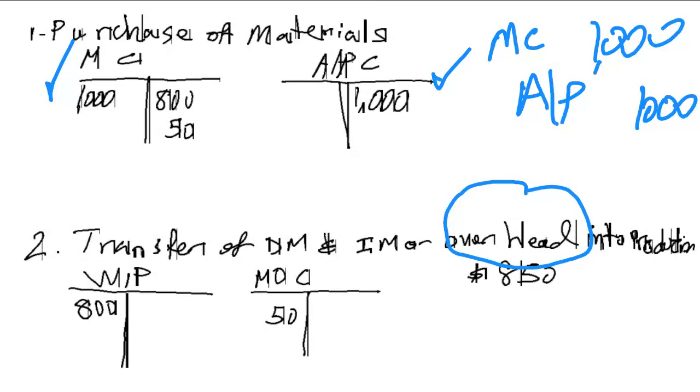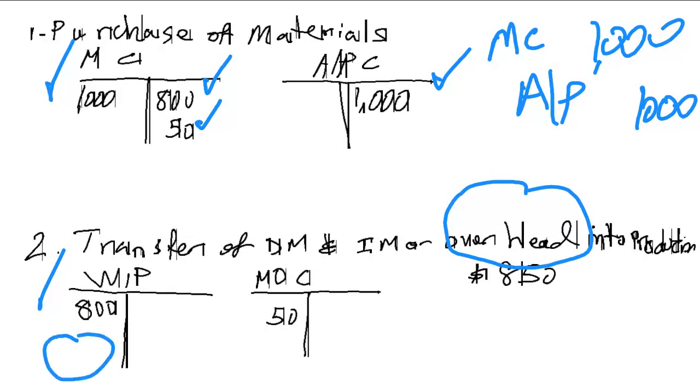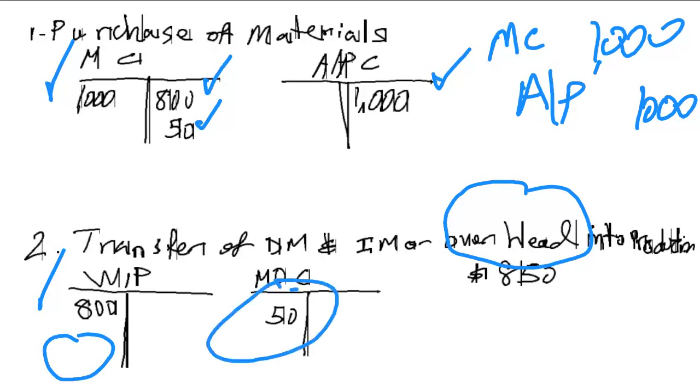I credited material control and I debited work in process 800, and I credited material control $50 for indirect material, and instead of debiting work in process, you see that I debited manufacturing overhead control $50.